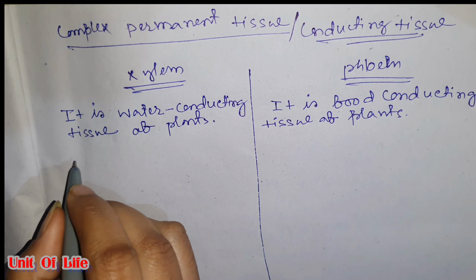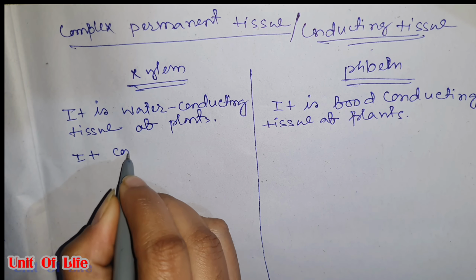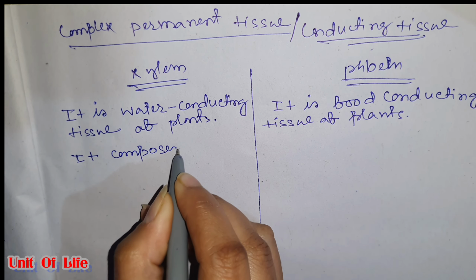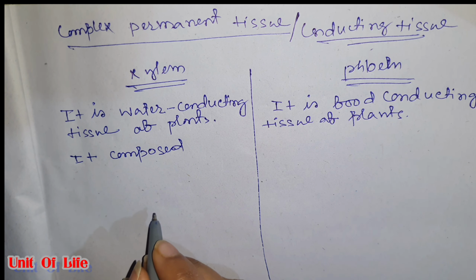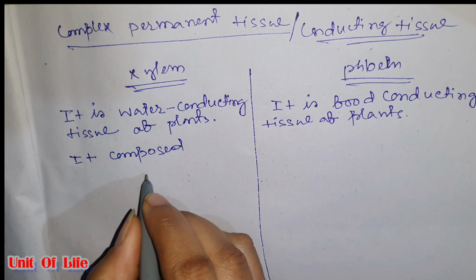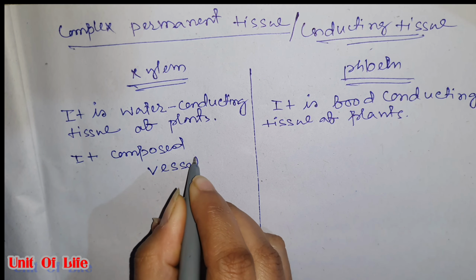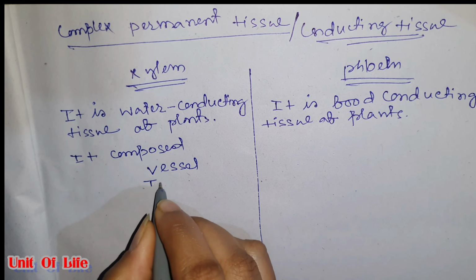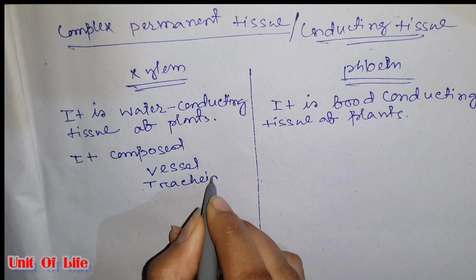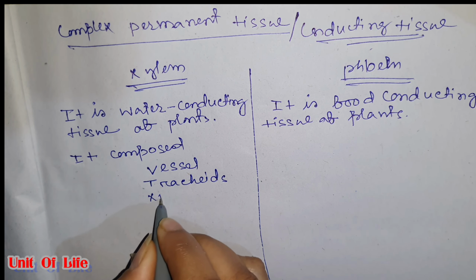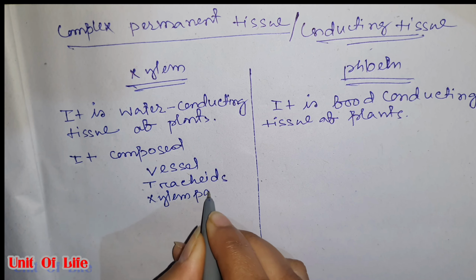Xylem is composed of vessels, tracheids, xylem parenchyma and fibers. On the other hand, phloem is composed of sieve cells, phloem fiber, phloem parenchyma and companion cells.